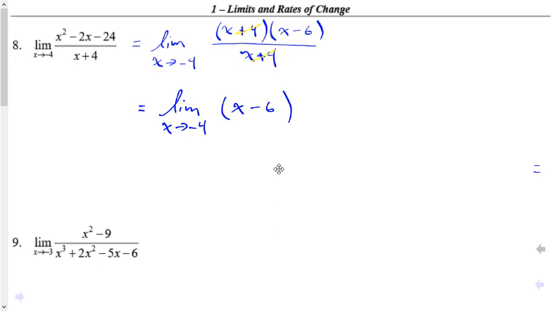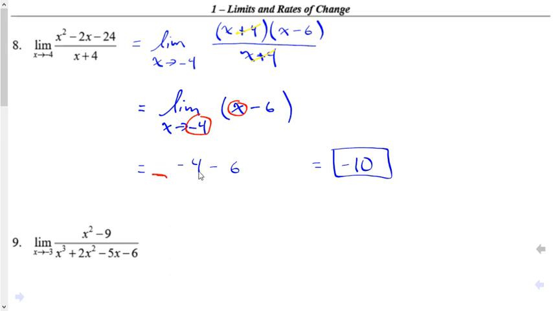And as I mentioned on the previous page, once I do the substitution, so as soon as I replace this x with the -4, I don't have the limit notation anymore. I have to keep that limit notation until I do the substitution.